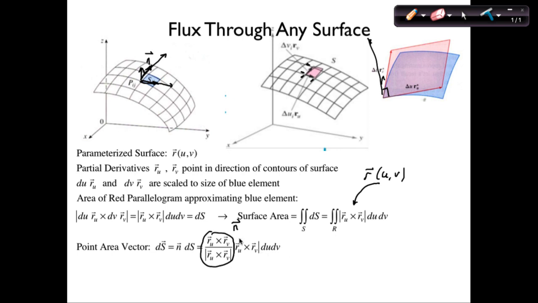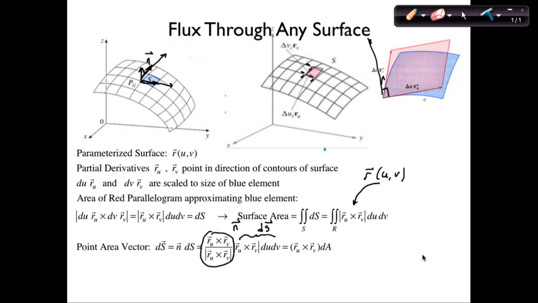So this all here is our dS, but you see what happens there? Magnitudes go away. So we're left with ru cross rv, the true cross product vector, dA, which is du dv. u and v are whatever variables you chose to parameterize your surface.